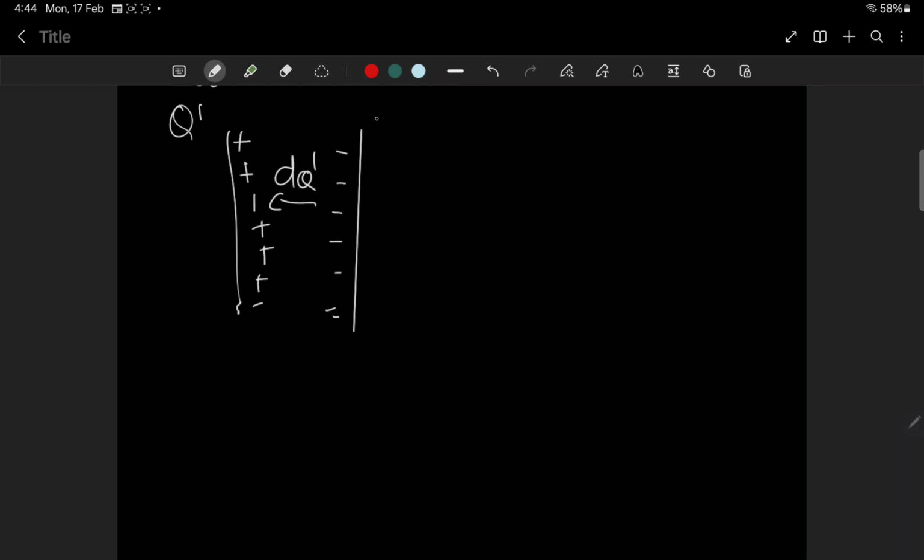Q dash is becoming Q dash minus dq. It's decreasing. So we have to find the external work to do this process, that is, to transfer charge from one plate to another.